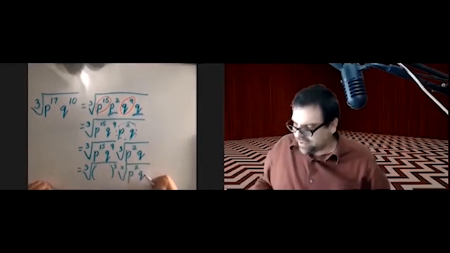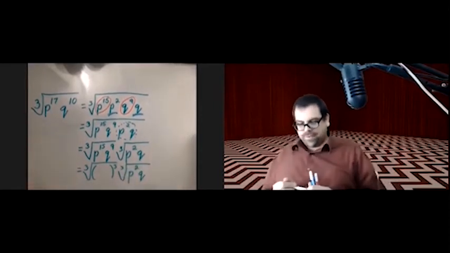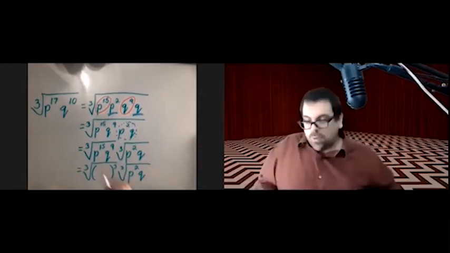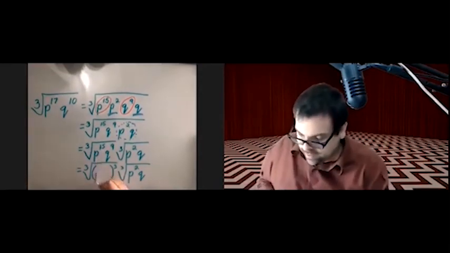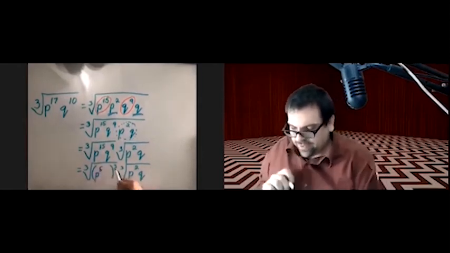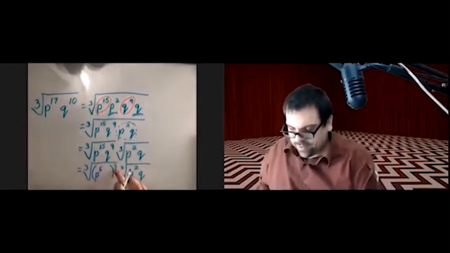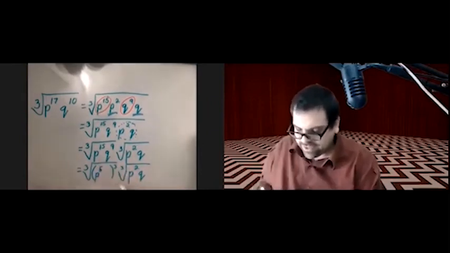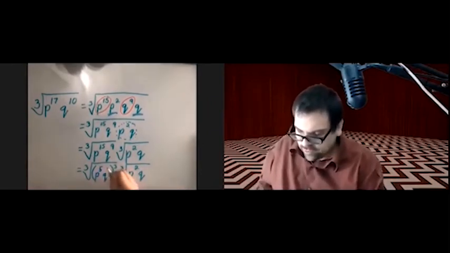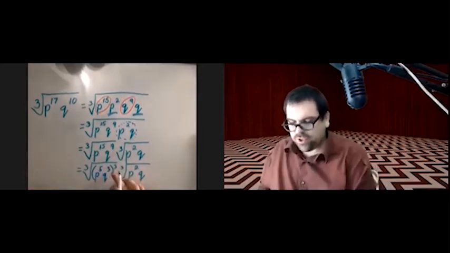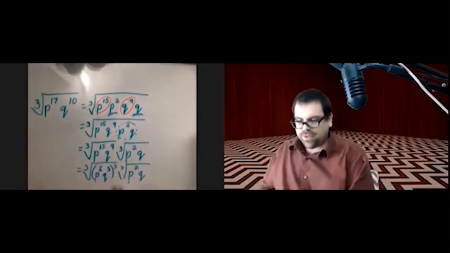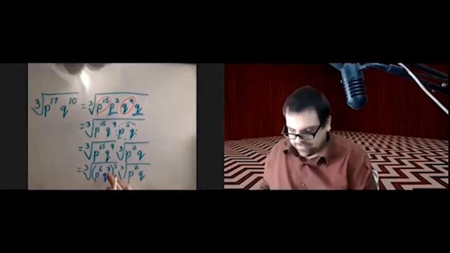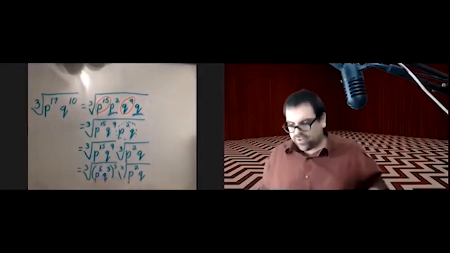Nothing can be done about that second piece. P to the 5th cubed would be p to the 15th because 5 times 3 is 15. Q cubed because 3 times 3 is 9. Gives us q to the 9th.